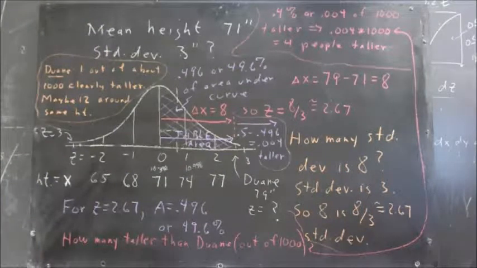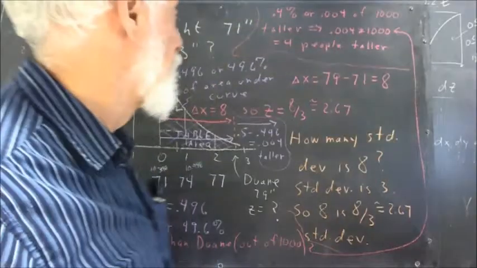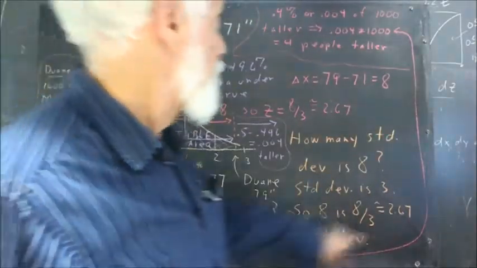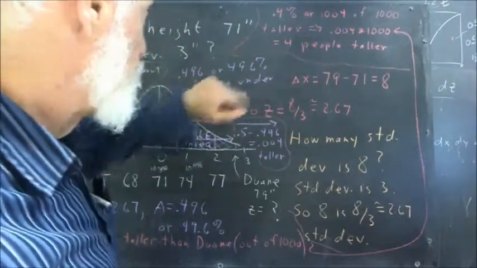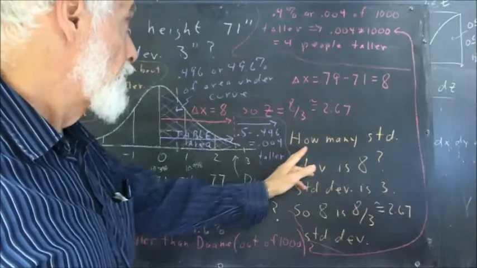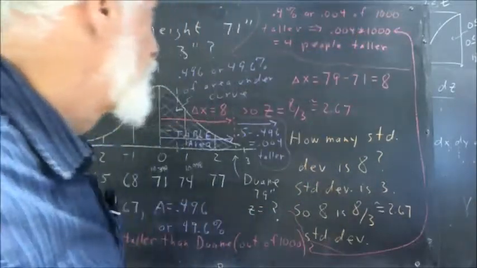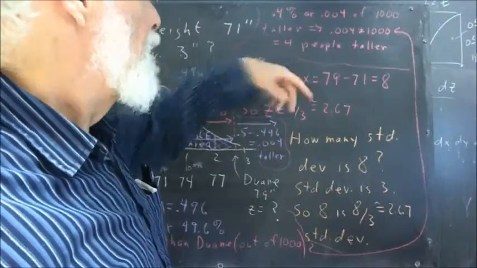Okay, now we got that calculation up here. Here's our question, and then here's our answer. The 0.4% that lie to the right of this point, or 0.004 out of 1,000, are taller than Duane.